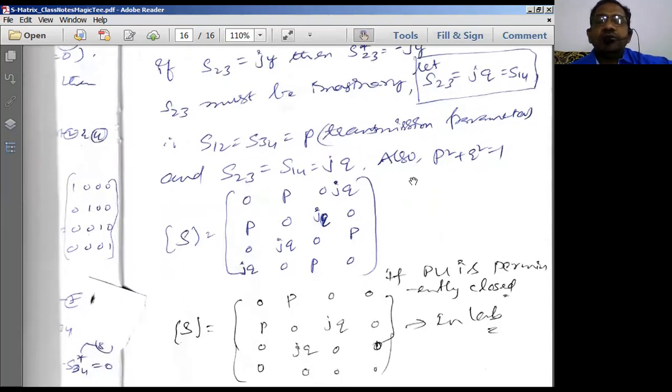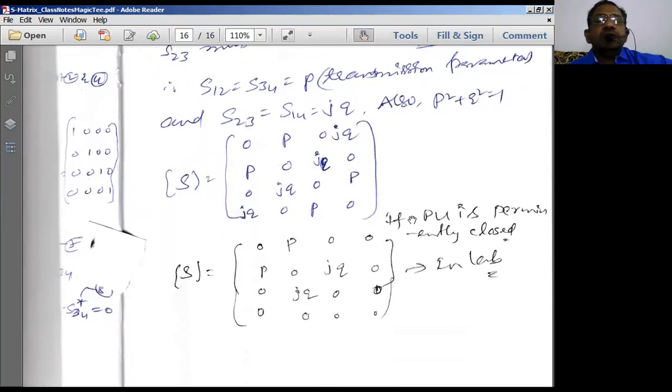To make the solution, this P square plus Q square can be made equal to 1. Now the S matrix I can represent using all these parameters. I can simply form the S matrix here with respect to real components and imaginary components. So thereby we can finally form the S matrix for the directional coupler.